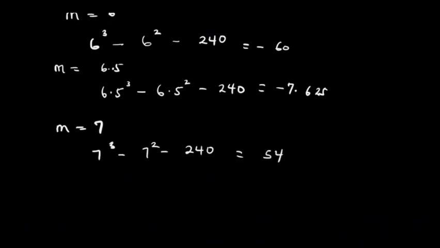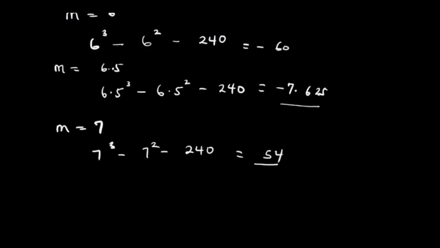So now we can see that when we guess that m is equal to 6.5, we have a negative answer, and when we guess that m is equal to 7, we have a positive answer. So that means there is actually a root in between 6.5 and 7, right?